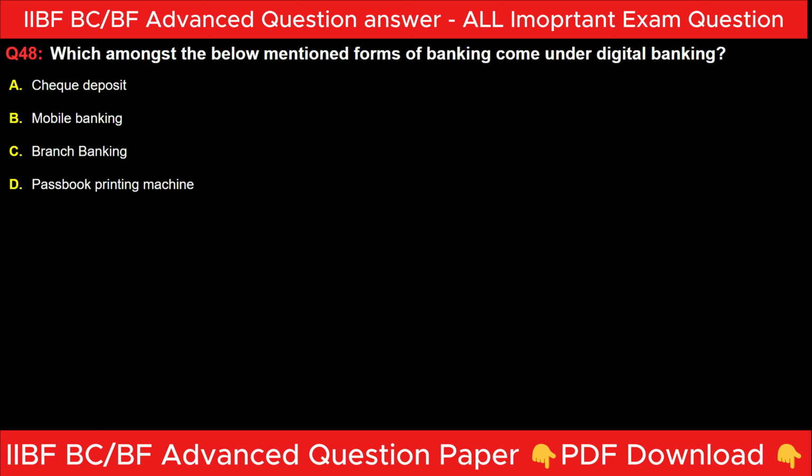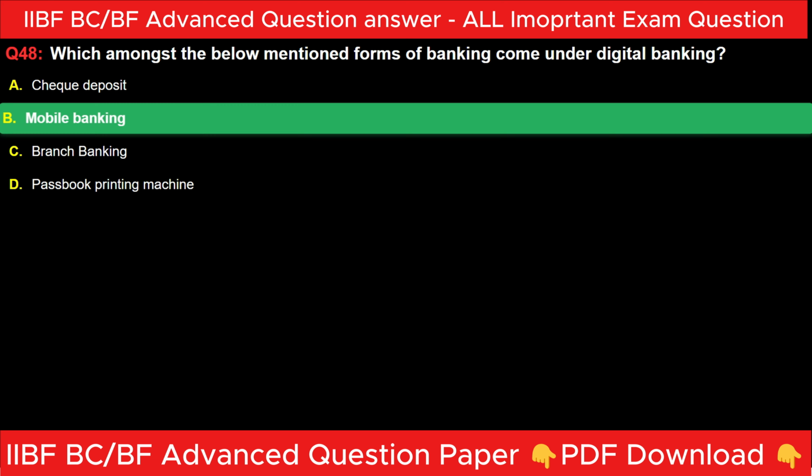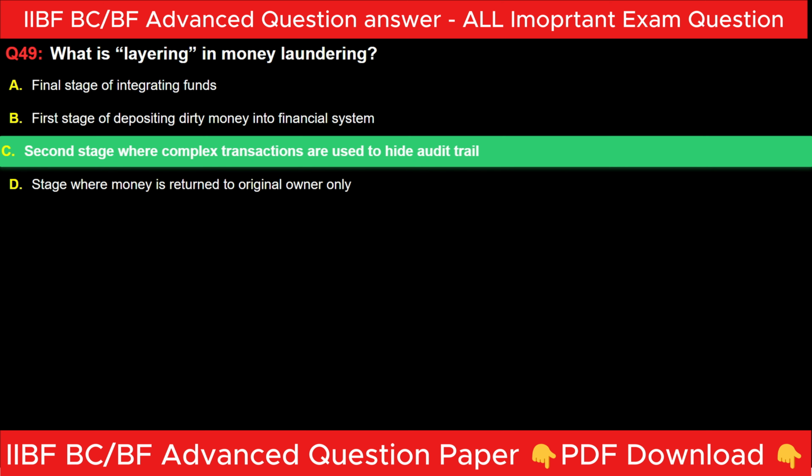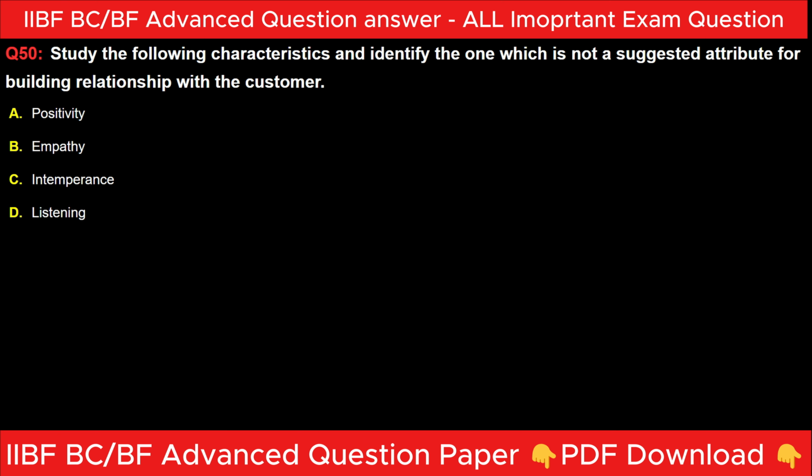Which amongst the below mentioned forms of banking come under digital banking? Mobile banking. What is layering in money laundering? Second stage, where complex transactions are used to hide audit trail. Study the following characteristics and identify the one which is not a suggested attribute for building relationship with the customer.